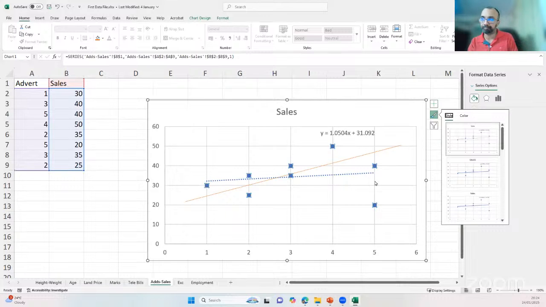Why? That is because of the error. Now, this is quite far from the regular pattern. Okay. This is quite far from the regular pattern. And there is a large error. Okay. So this large error, when it is squared up, it becomes huge.